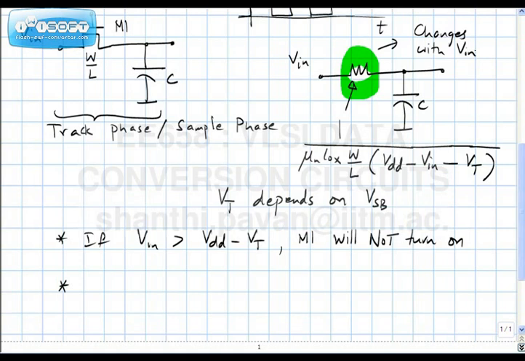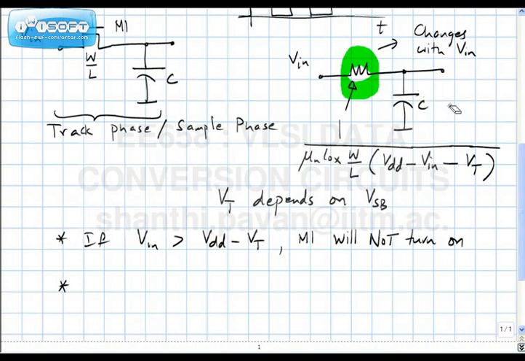So the equivalent bandwidth of this low pass filter becomes smaller and smaller. Is that clear? As far as the input is concerned, when the switch is on, it just sees an RC low pass filter. So the voltage across this capacitor is a low pass filtered version of the voltage Vin.